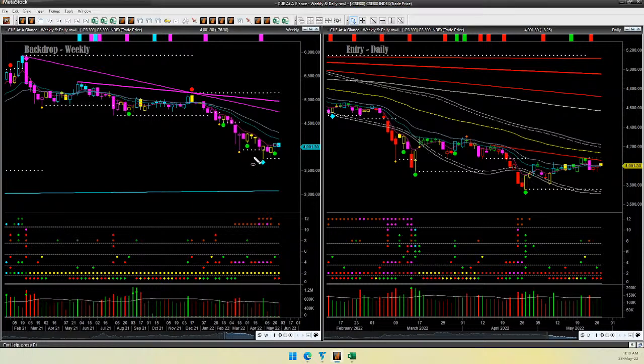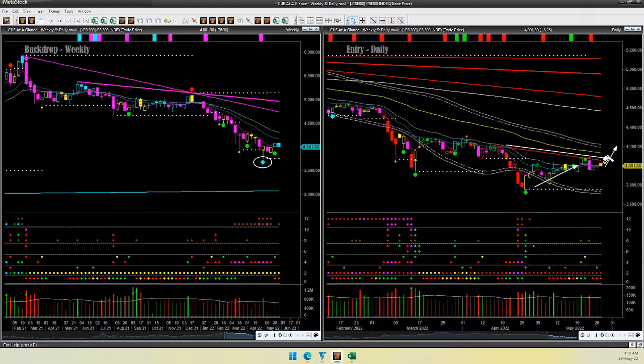In the previous roundup, I showed that it displayed the bullish headwind in the weekly chart, and then it started to go up a little bit. However, it has a trendline resistance now. I will not like to take any long trade unless it can break out of the trendline resistance.